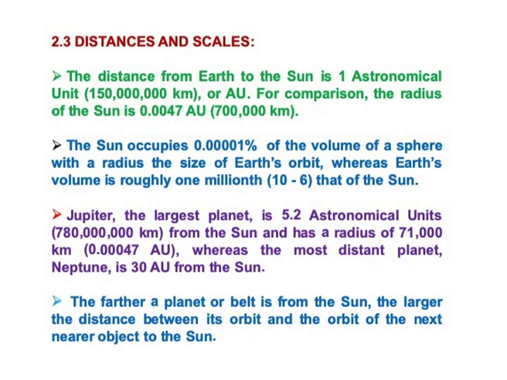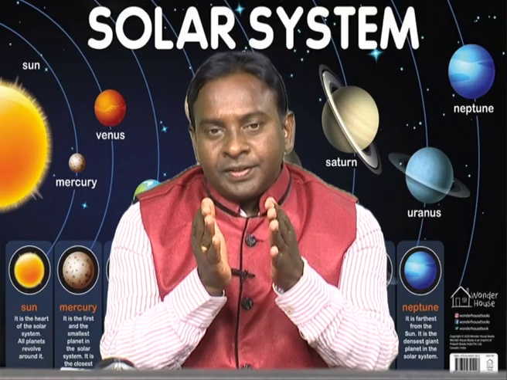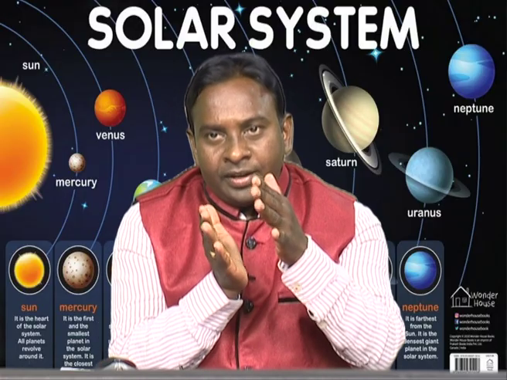For comparison, the radius of the sun is 0.0047 AU. AU means astronomical unit. This is just an example.